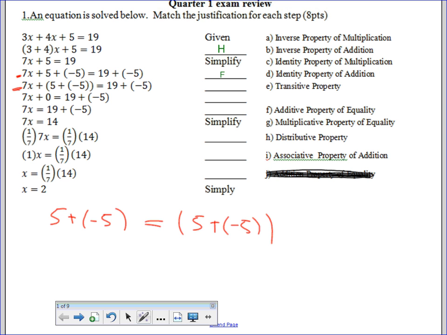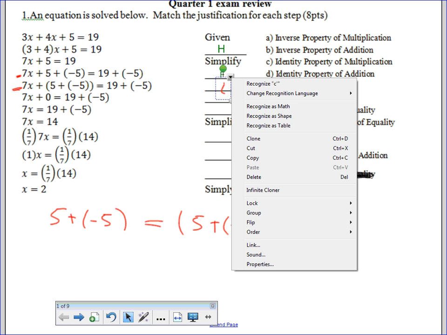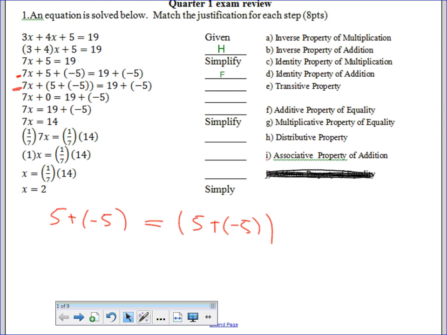Well, we added a set of parentheses. And whenever we add parentheses or move parentheses around, that's the associative property.